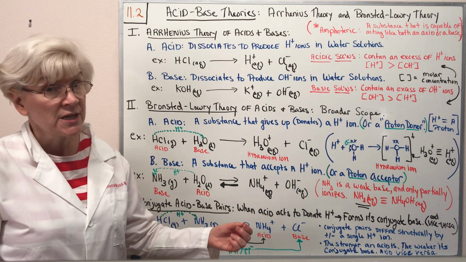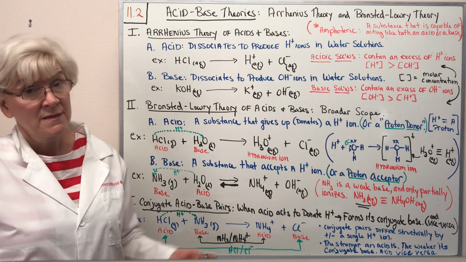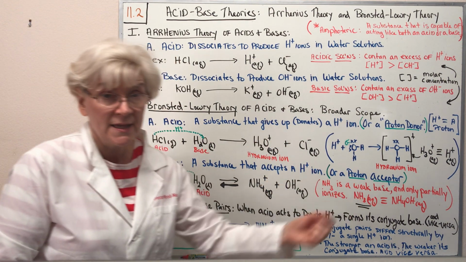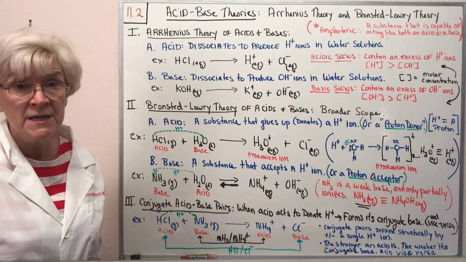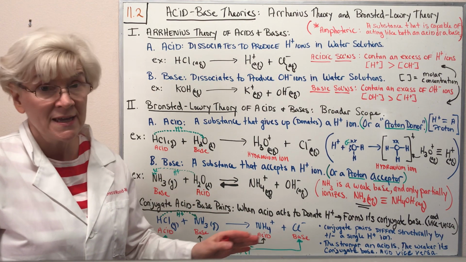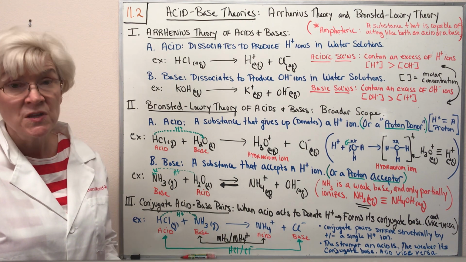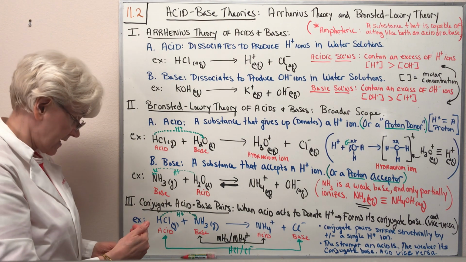And then its conjugate base must not have any real tendency to accept that hydrogen ion. If the acid donates readily its hydrogen ion, by definition, its conjugate base does not act very well as a base to accept that hydrogen ion in the reverse process.